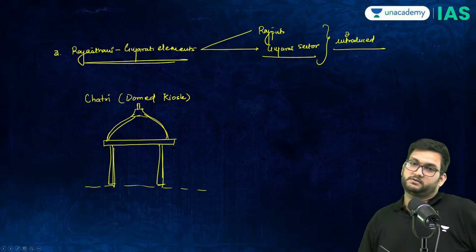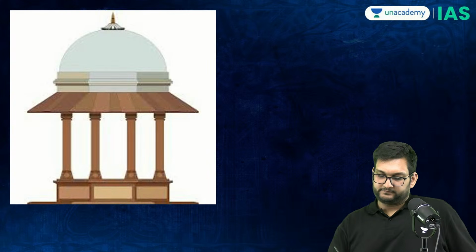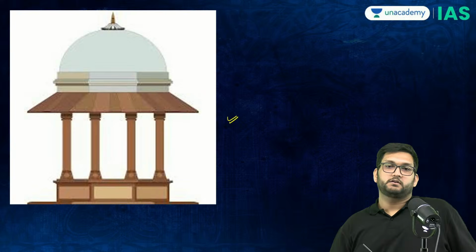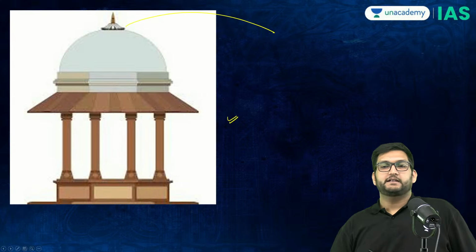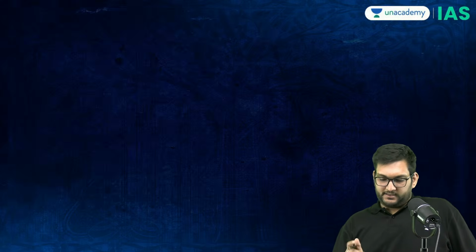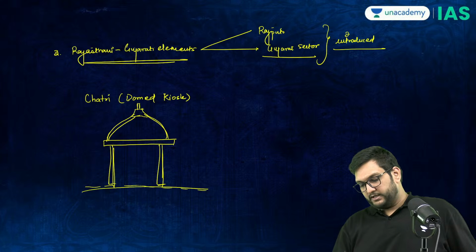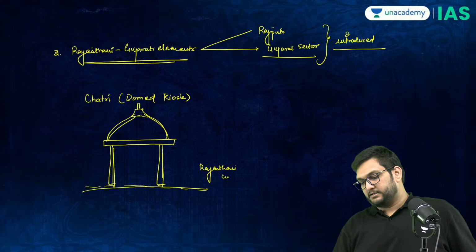This is called a domed kiosk, something like this. This is a pure Rajput element with the inverted lotus on the top. This is an element which was picked up from Rajasthani culture, Rajasthani architecture.